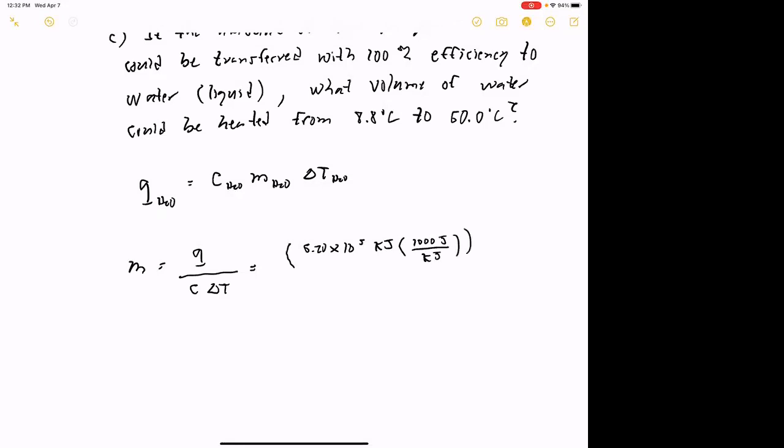All of that divided by the specific heat of water, which was what, 4.184 joules per gram degree C, times the difference in temperature. So the difference between 60.0 and 8.8 is 51.2.